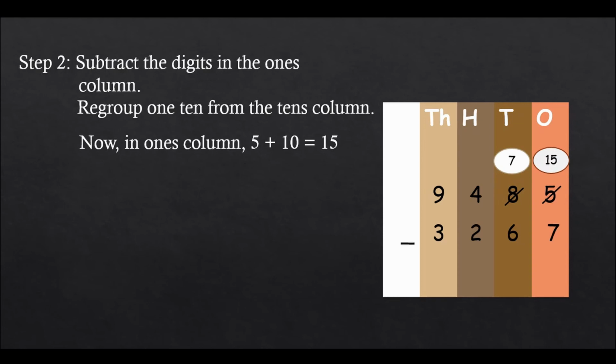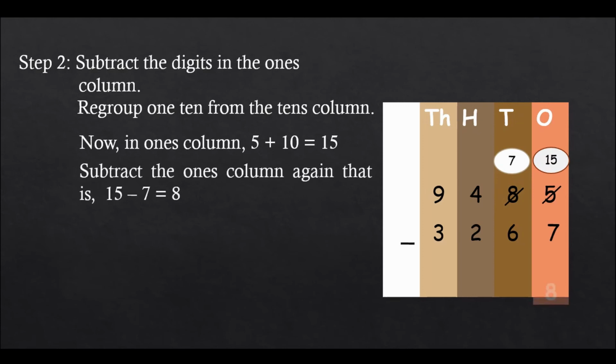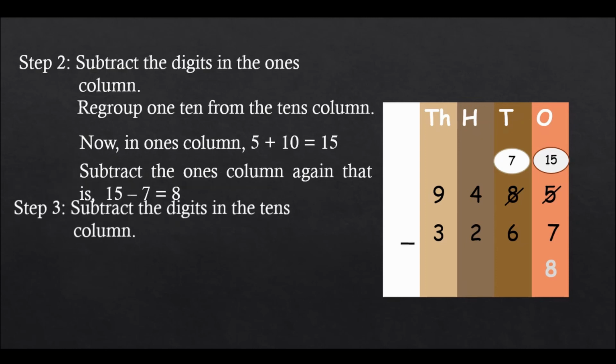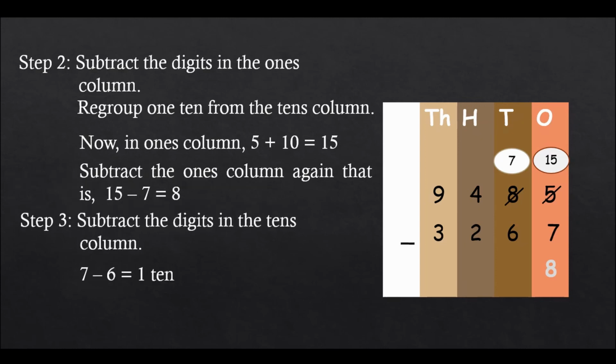Now we can subtract the ones column. 17 minus 5 is equal to 12. Next go to the tens place column. 5 minus 8 is equal to 1. Write it in the respective place.